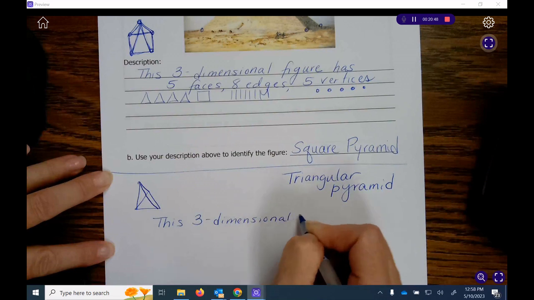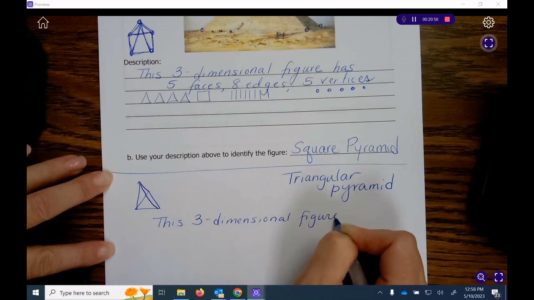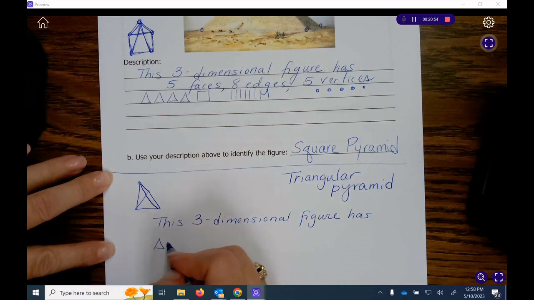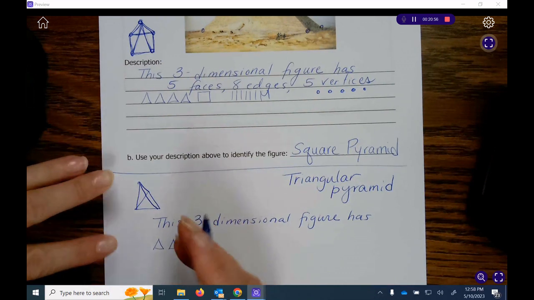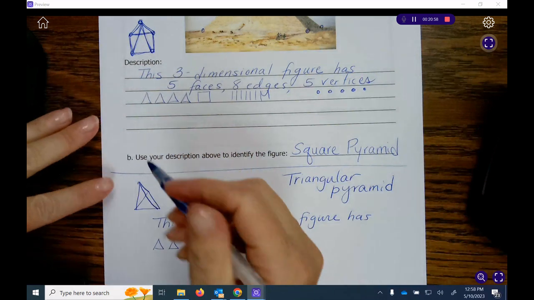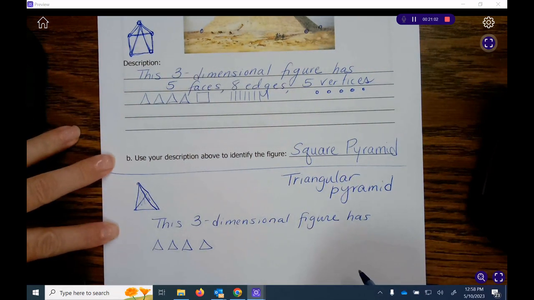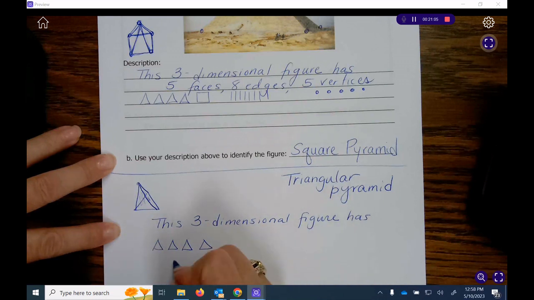So this 3-dimensional figure has a triangle, triangle, triangle for the sides coming up, and the base is a triangle. So that's four faces.